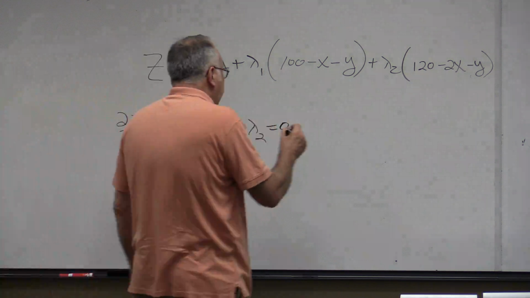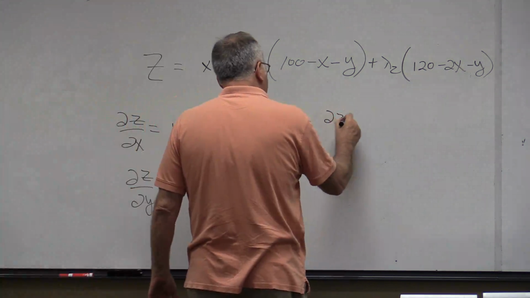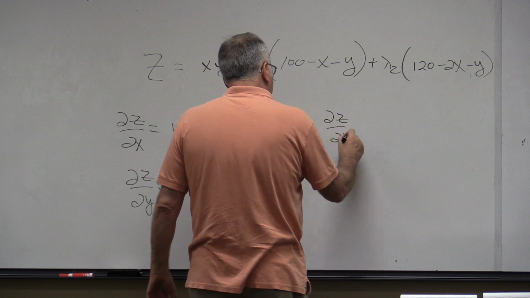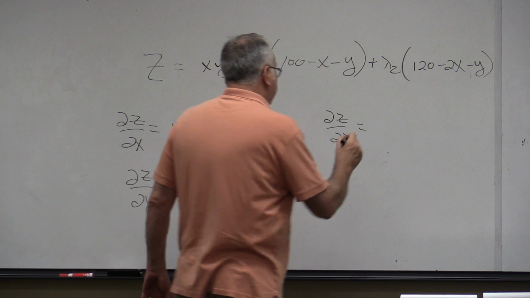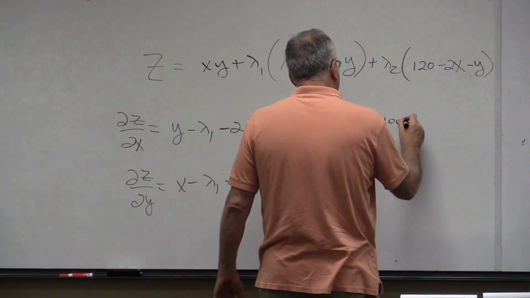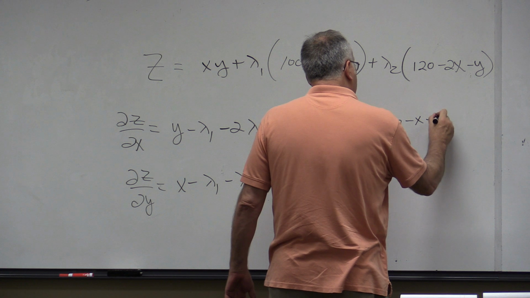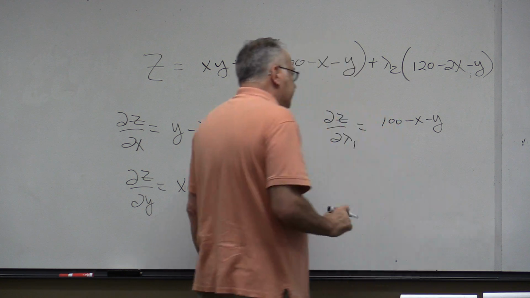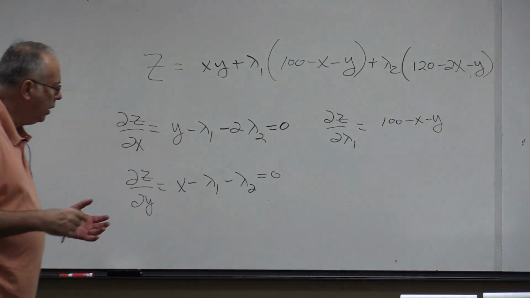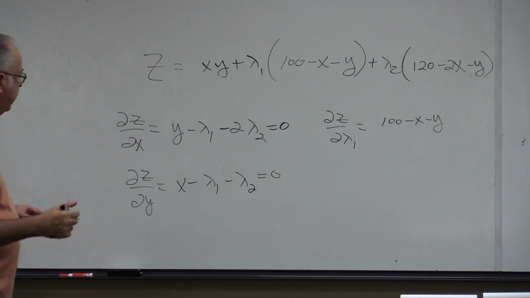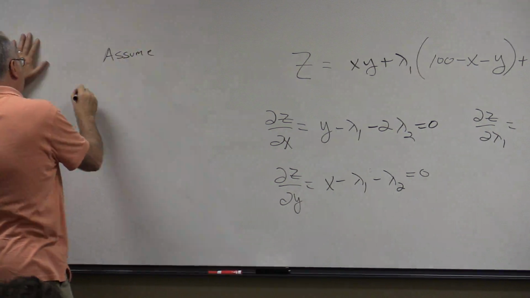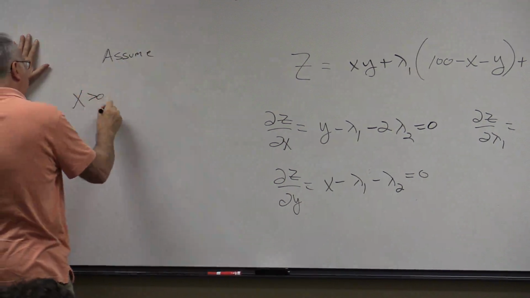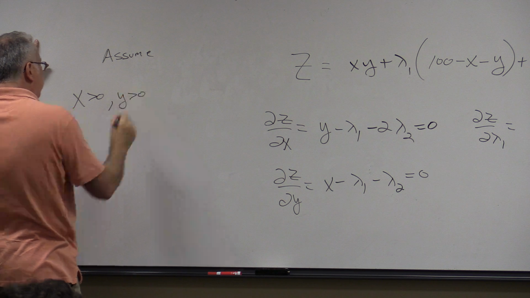Partial z, partial lambda 1 is what? 100 minus x minus y. Now, we're going to have to make some guesses here. So far, the only guesses we've made are that x is greater than 0, y is greater than 0.